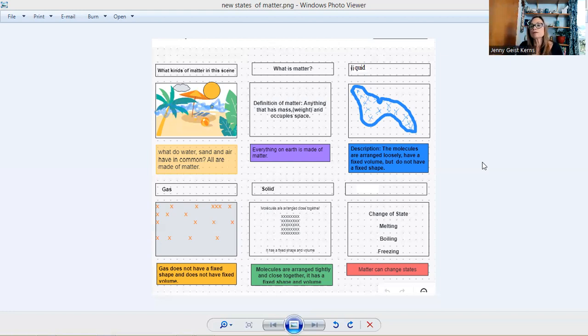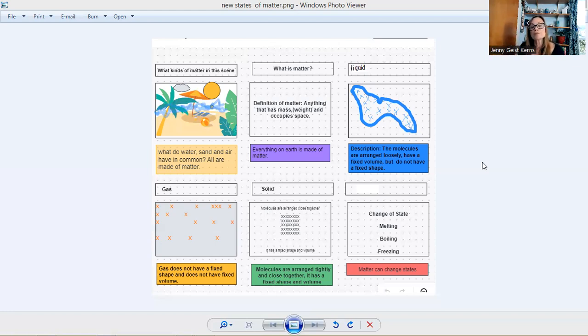Things that are liquid, we have blood, we have water, we have your coffee. Coffee takes on the shape of this cup, but it has the same amount of volume. It's not going to go up or down. It's just going to stay in the shape of the cup right about there.